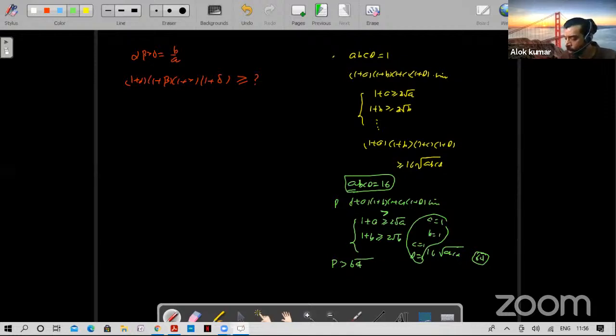So if you want to remediate, you have got 3 methods. One method is that you can simply expand 1 plus sigma A, sigma AB, sigma ABC, and ABCD. And now you can apply AMGM on these parts. Like, for example, sigma A, that is A plus B plus C plus D, is greater than or equal to 4 times the 4th root of ABCD.